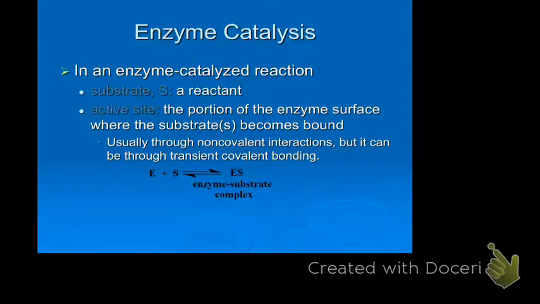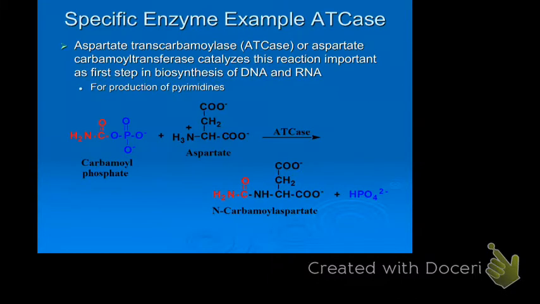So we're going to look at a very specific example now. It's called aspartate transcarbamoylase, which is a mouthful. They abbreviate it as ATCase. This is carbamoyl phosphate. And one thing, just like an acetyl group is a methyl with a carbonyl, a carbamoyl group is an amino group with a carbonyl.